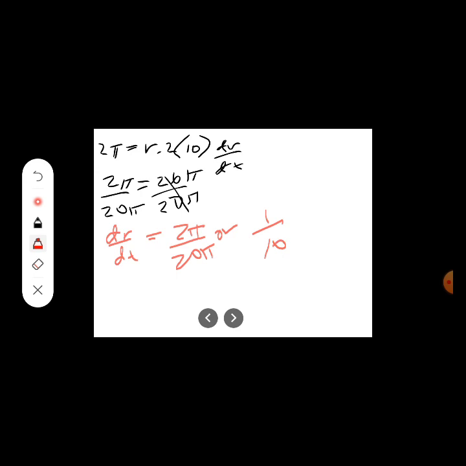So our conclusion is the radius of a circular ripple is increasing at the rate of 1 over 10 centimeter per second.